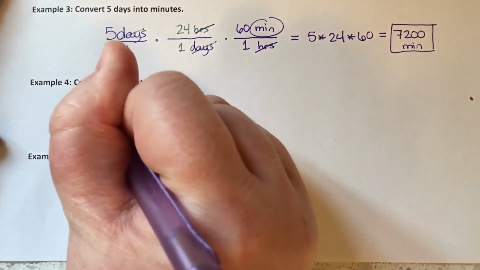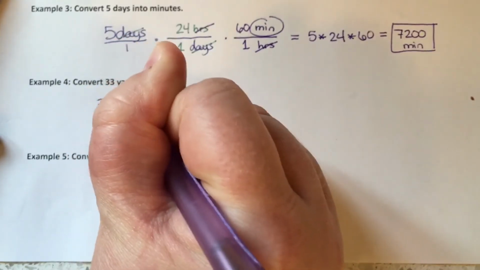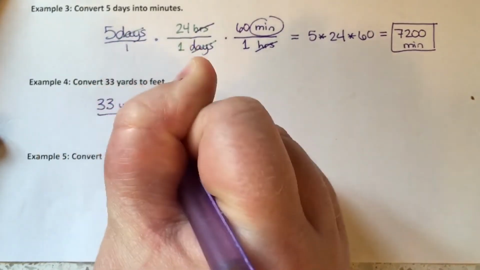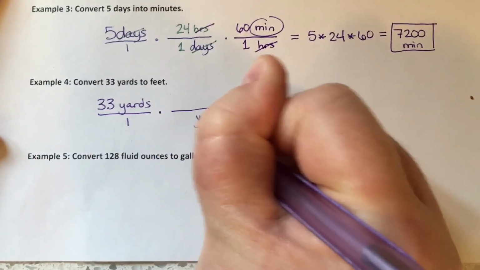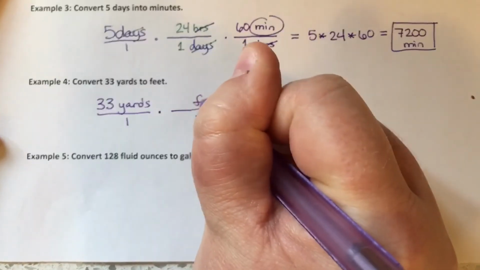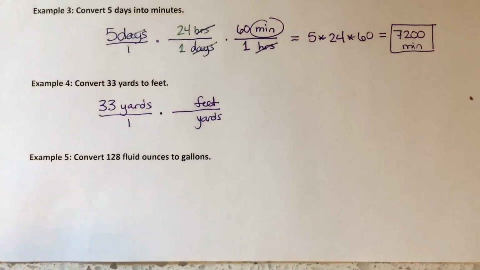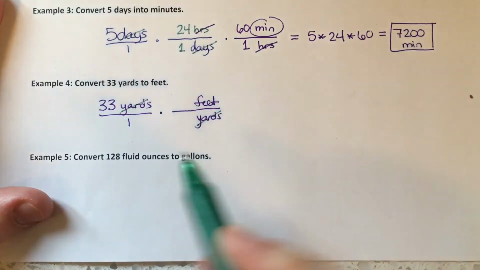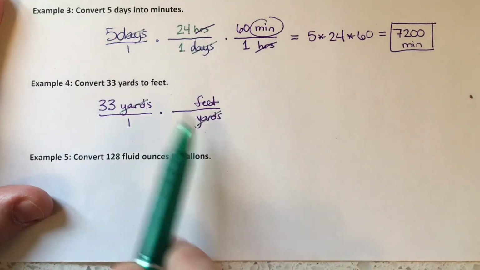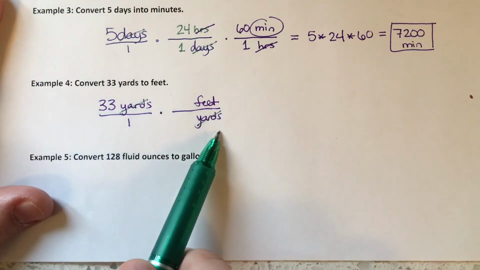So let's do one with yards and feet again. So I have 33 yards, and I put it over 1 to make it be a fraction. I want yards to cancel and to be left with feet. The only way to get something to cancel is 1 has to be on the top and 1 has to be on the bottom, because we're cross-canceling.